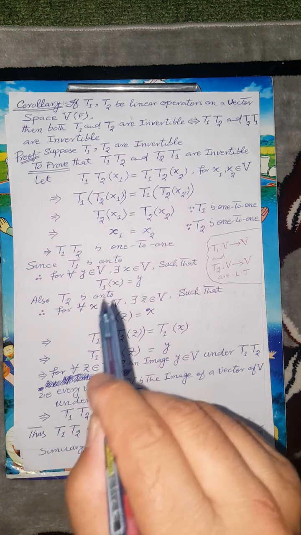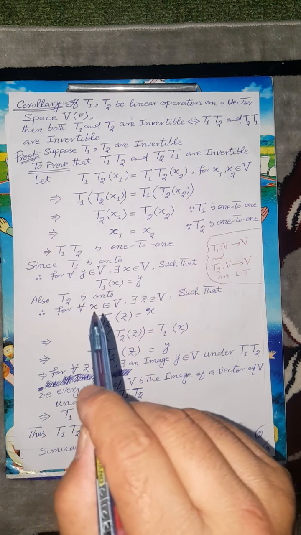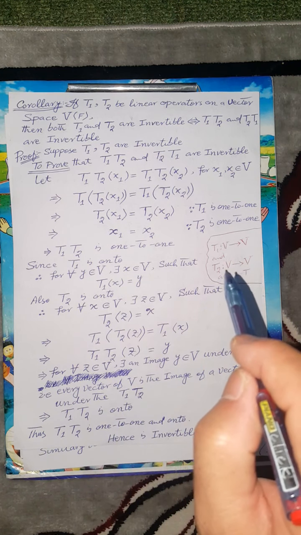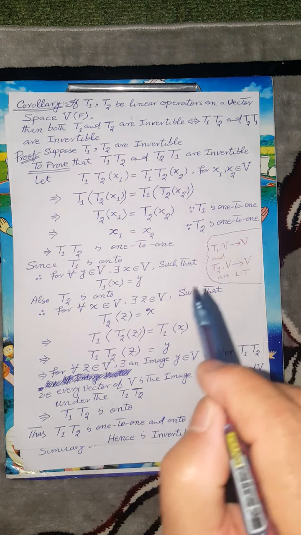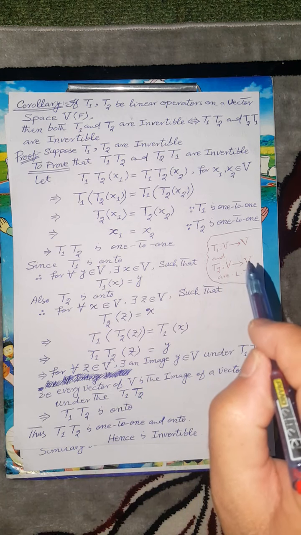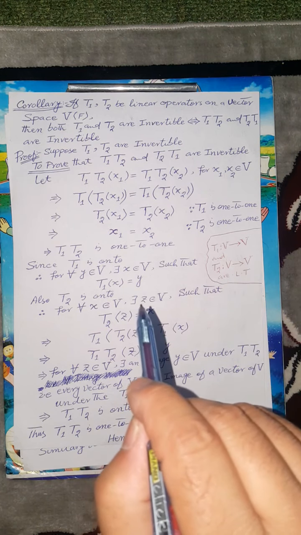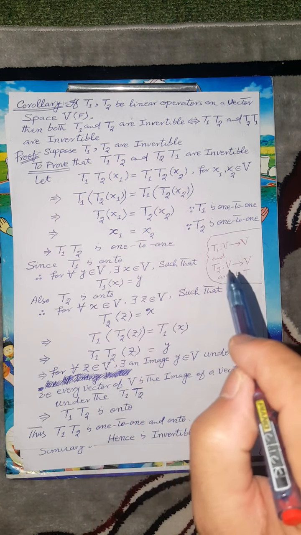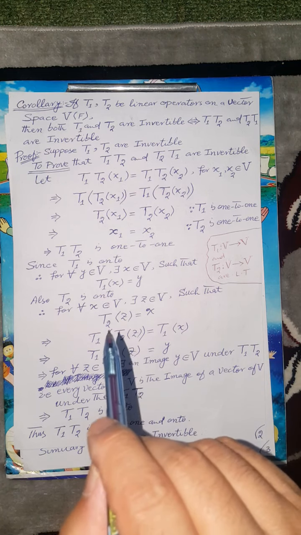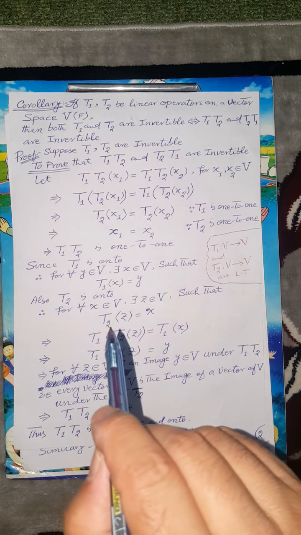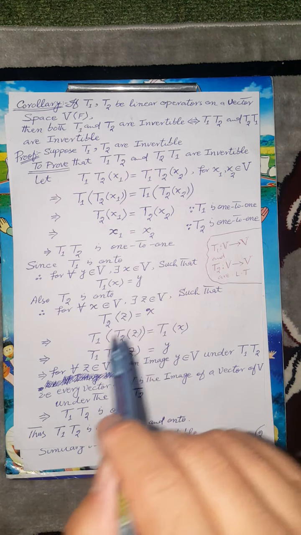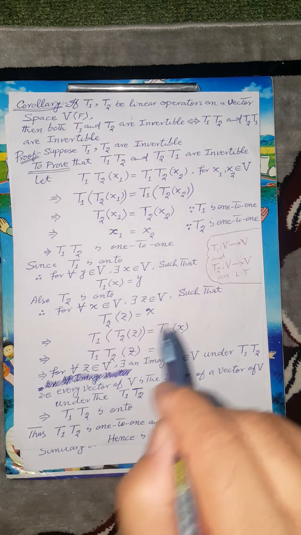Also T2 is onto, therefore for each element x in V, there exists an element z in V such that the image of z under T2 is x. Apply T1 on both sides of this equality.